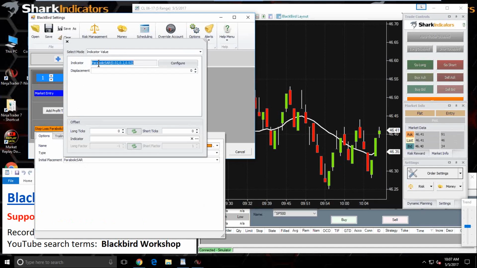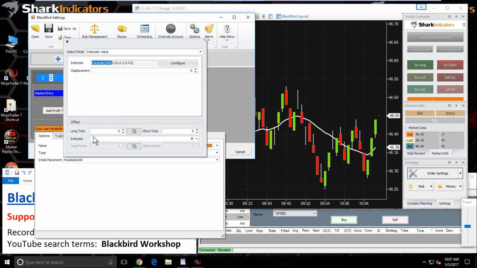So if you're using an indicator up here in this area, this actually sets the literal price of where the stop loss is going to go. Or, this would also set the literal price of where the profit target would go as well. Now, if you're wanting to create an offset, so if you have an indicator that calculates a 10 tick offset or a 20 tick offset, some kind of offset from wherever price is, then that's when you would use the indicator down here.